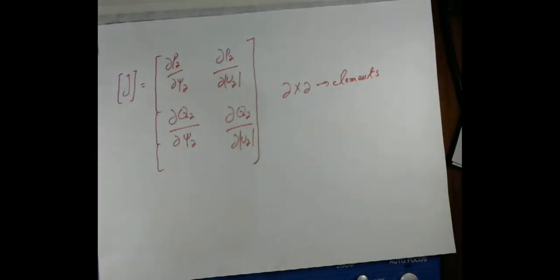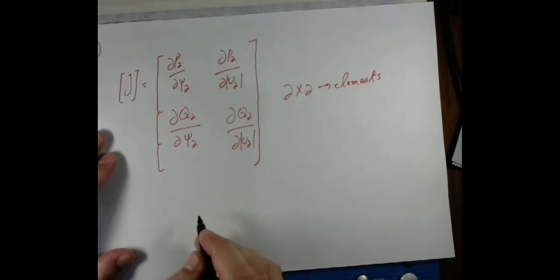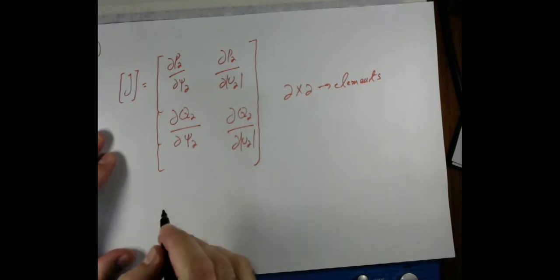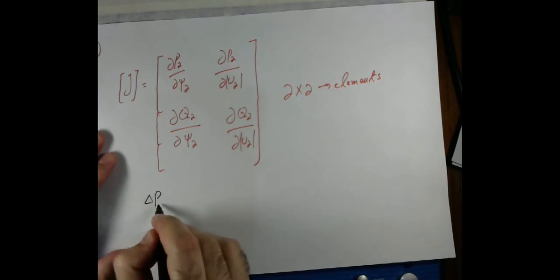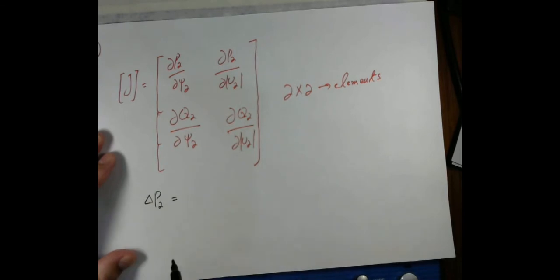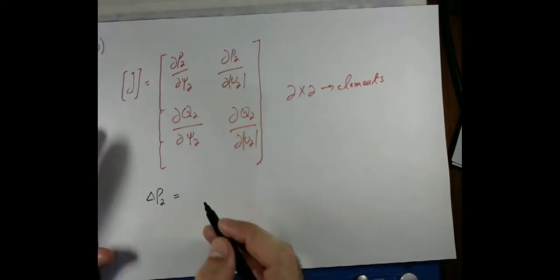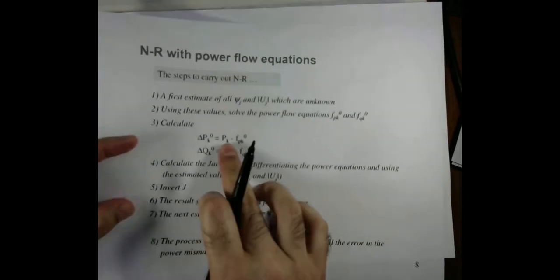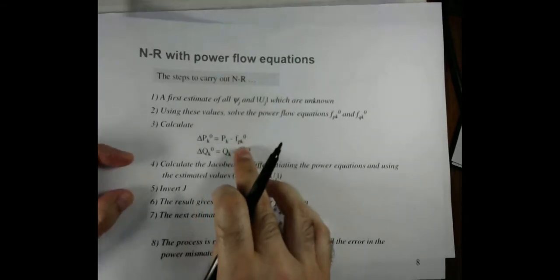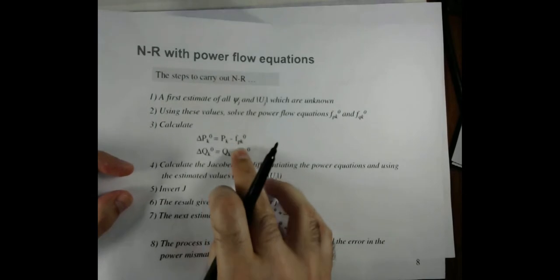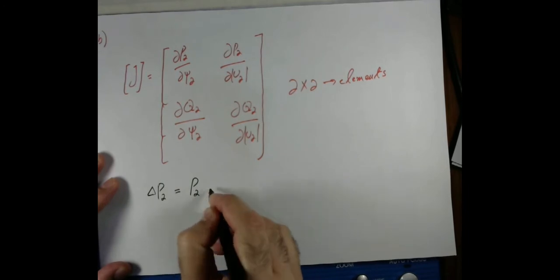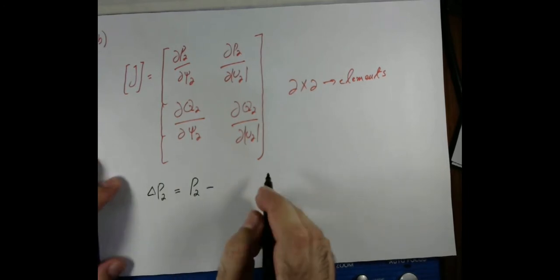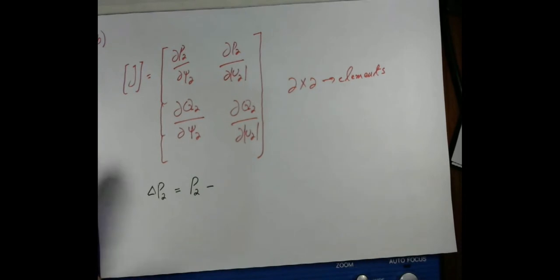So now let's talk about this one. We will now calculate the power mismatch. So delta P2 will be equal to the known value at bus number 2 minus the value that we will calculate based on the initial guess.